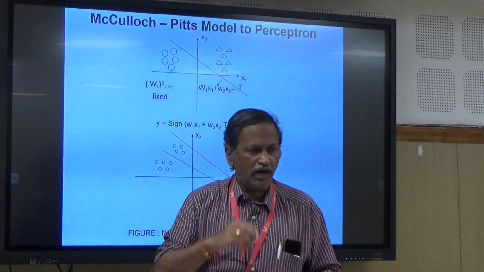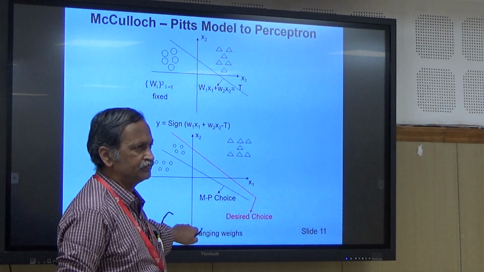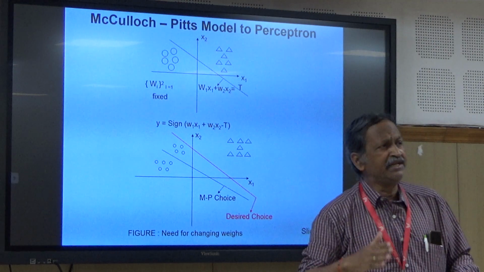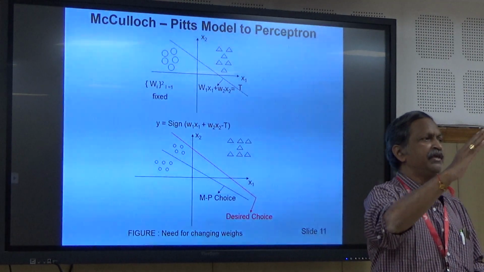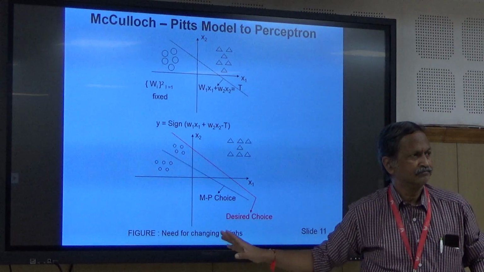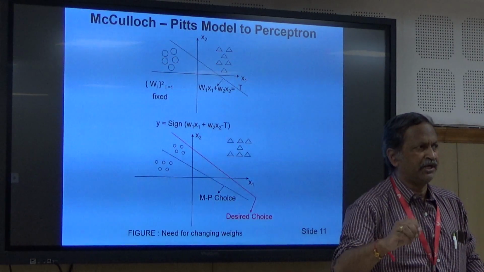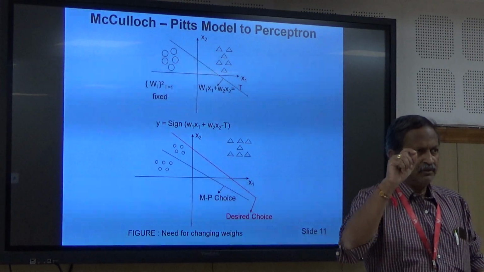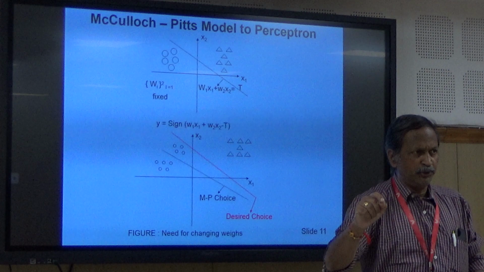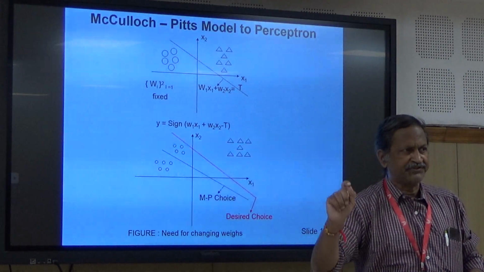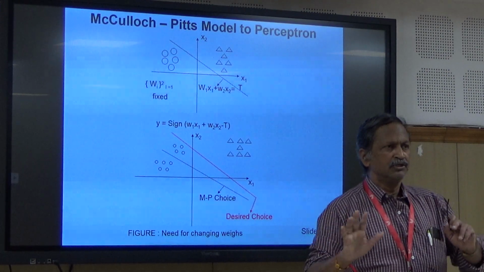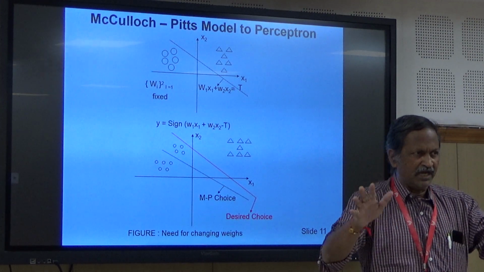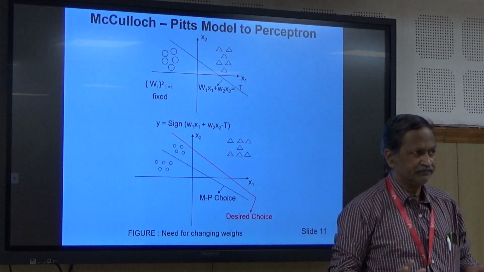So what we did is in 2 dimensions. Suppose we go to 3 dimensions. A linear object in 3 dimensions is a plane. So same thing, x1, x2, x3. Y equals signum of w1 x1 plus w2 x2 plus w3 x3 minus t. If your initial choice was proper, things are nice, you get the correct result.